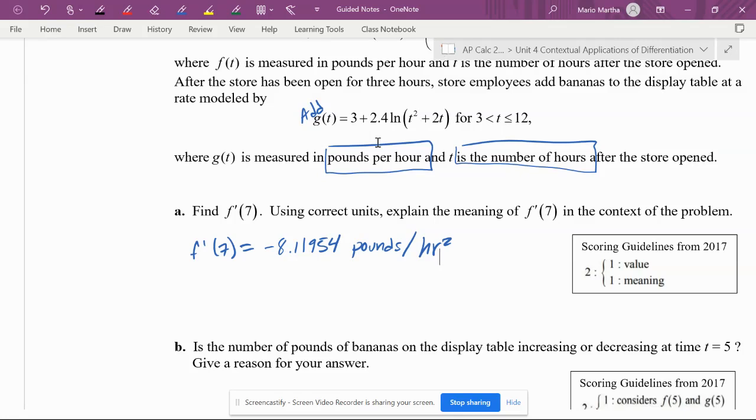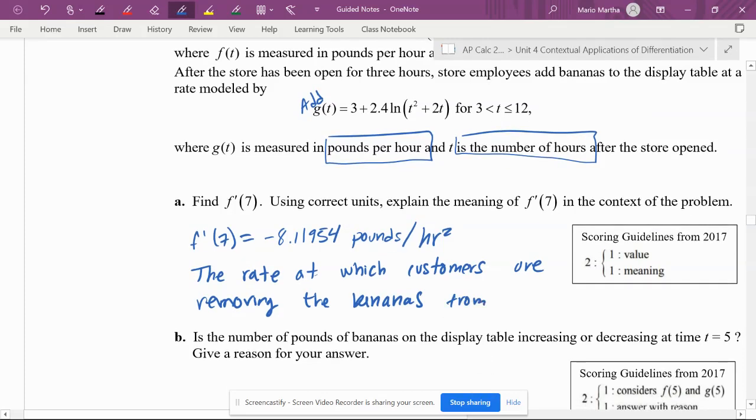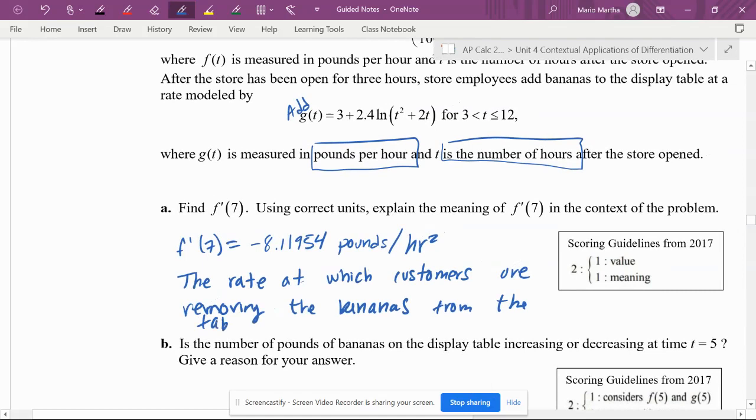So here we are talking about things that are changing, right? So we're going to say the rate at which customers are removing the bananas from the table, yeah, because it is a table, is decreasing, right?